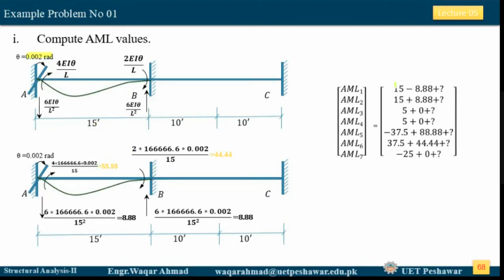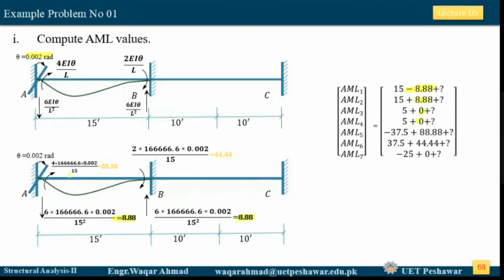So this negative 8.88 is coming from where? It is coming from this reaction. Why negative? Because now it is downward, and the assumed direction of our AM1 is upward. So as it is downward, it will be taken as negative. Similarly, this is 8.88. Why is this 0? Because just to the right of this support there is no reaction, so 0, and at this end also there is no reaction, so it is also 0.